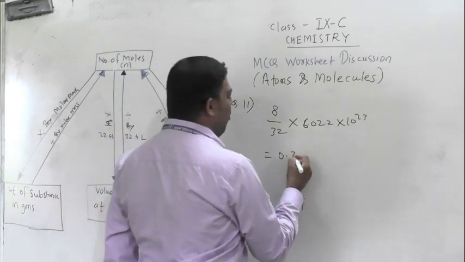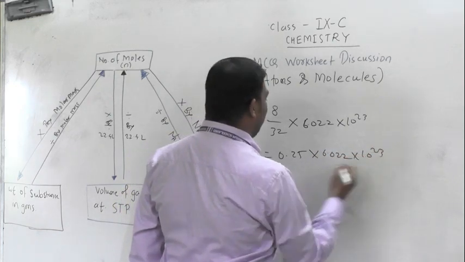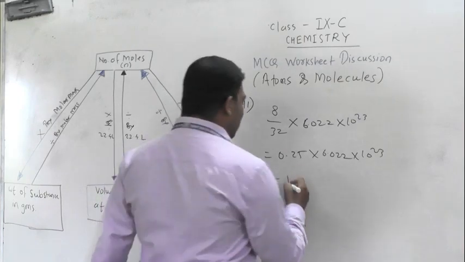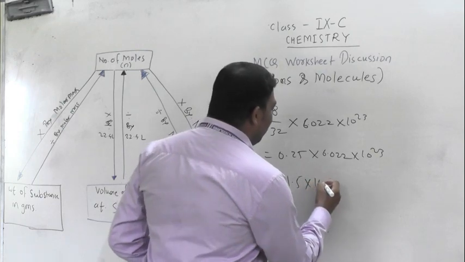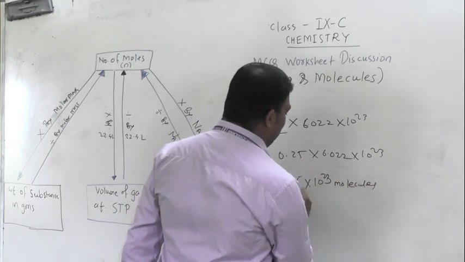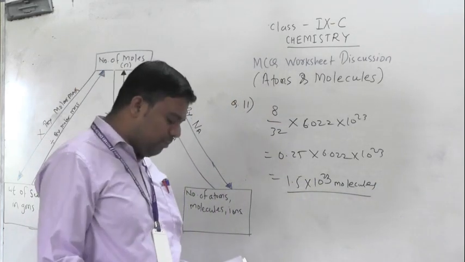So 0.25 into 6.022 into 10 raised to 23. Your option A, how much? 1.5 into 10 raised to 23 molecules.